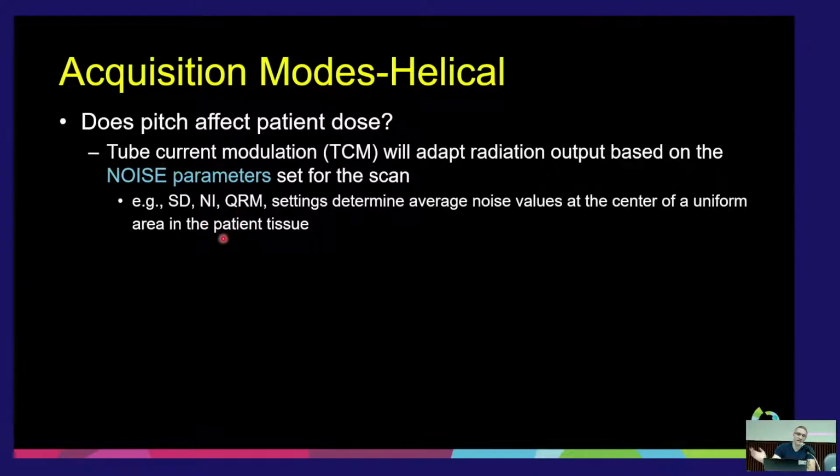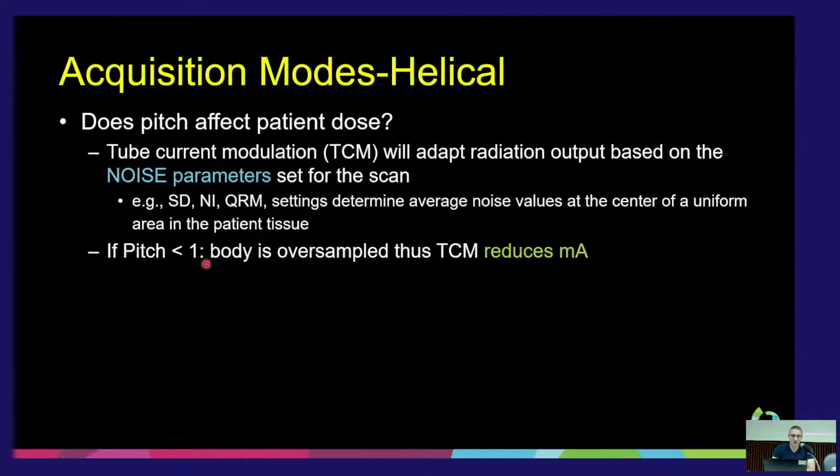Every vendor has their version or flavor of technical parameter that we type in, our technologists in conjunction with medical physicists. They set up that value, and that is what dictates how much noise will be in the image, roughly. That also determines how much output, mA, the system will use as it spins around the body.